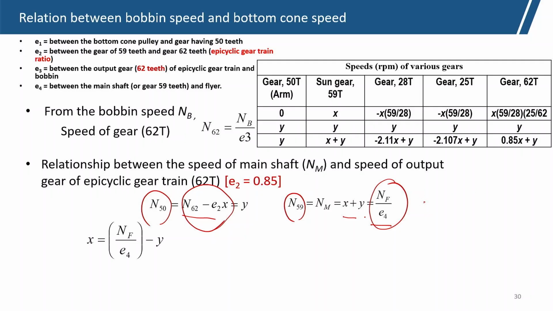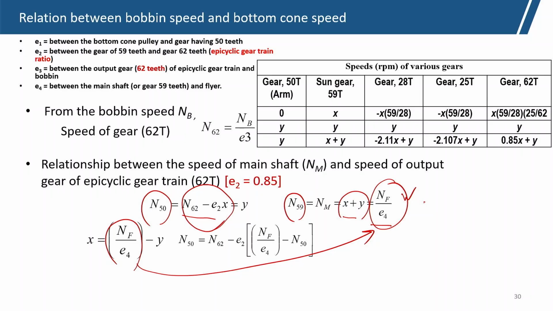So, x plus y is NF by E4, minus y. From there we are getting x, and here we can see N50.